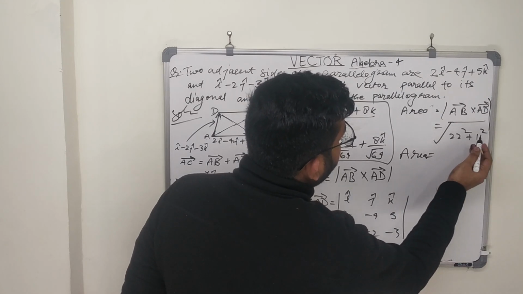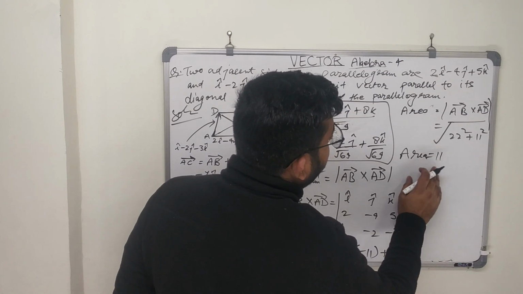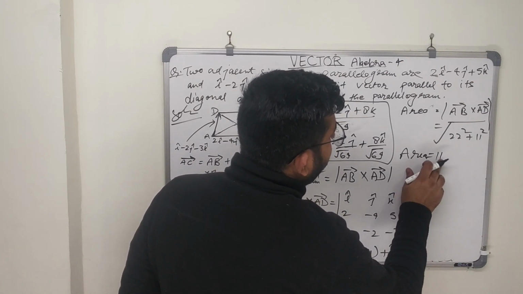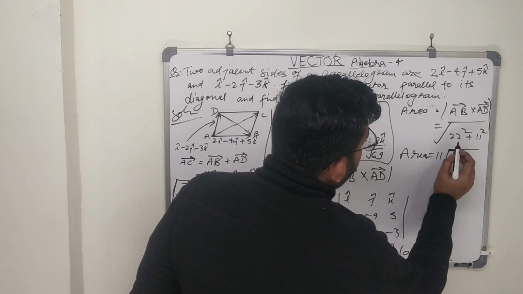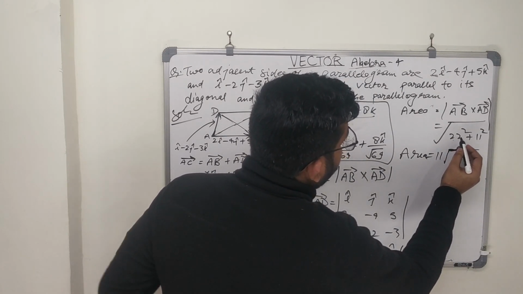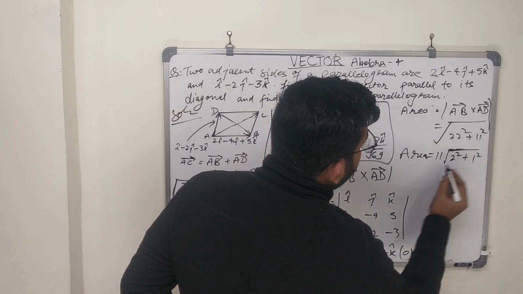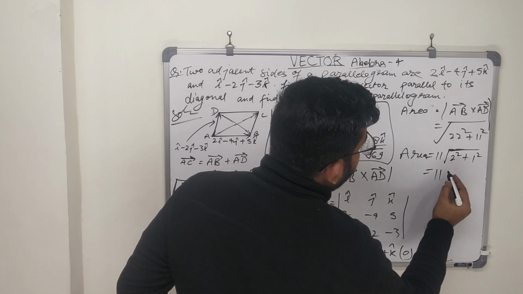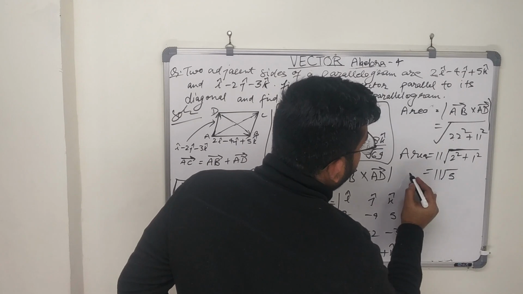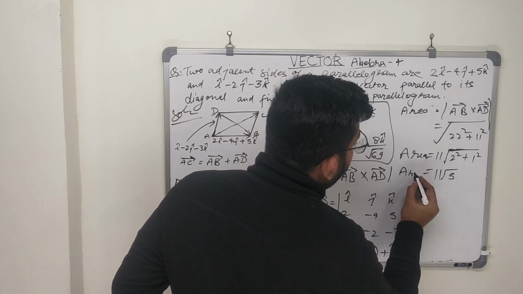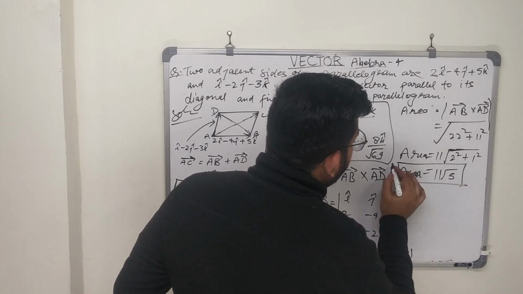Now taking 11 out, when we take 11 outside from both, inside it will be 2 square plus 1 square. So the area will be 11 into under root of 2 square, that is 4, plus 1, that is equal to 5. So this is the area of the parallelogram which is asked in the question.